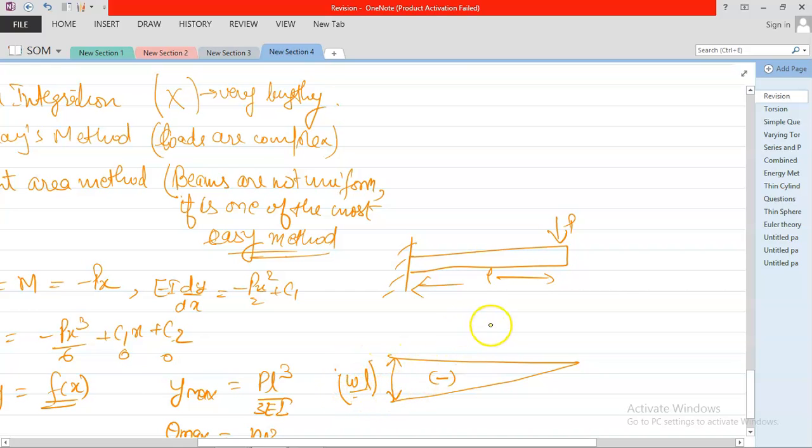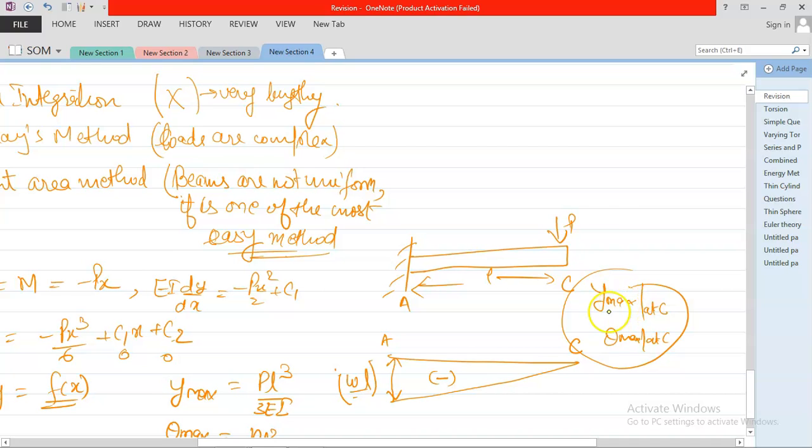Now you need to find the y max that occurs at this point C. Suppose this is A and this is C. You need to find y at C and theta max at C.